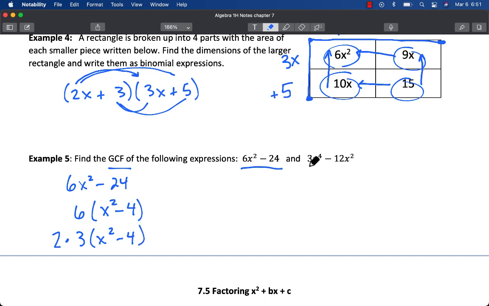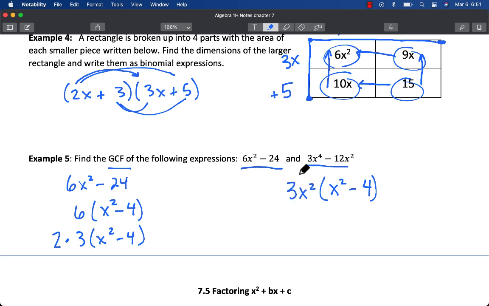All right, well, let's go to the next one over here. We got 3x to the fourth minus 12x squared. Looks like I can factor out a 3x squared. And when I do that, I'm going to be left with just x squared minus 4. So we're starting to see some patterns here.